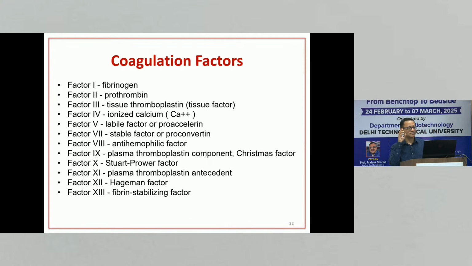So fibrinogen is so important, right? It has to be factor 1, okay? It's important. And it's okay if you don't remember these names of these factors, okay? Prothrombin is factor 2, tissue factor is factor 3, then factor 13 is very important because that's fibrin stabilizing factor.